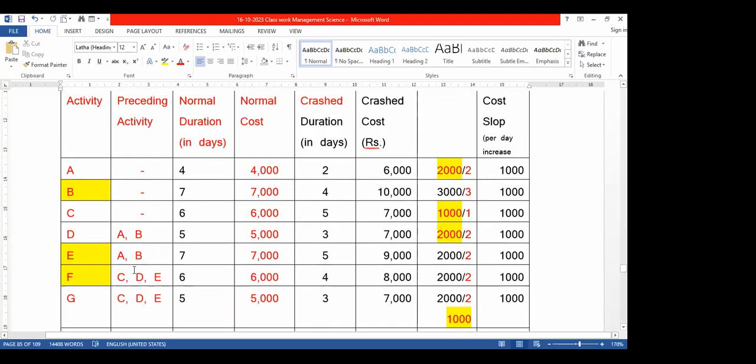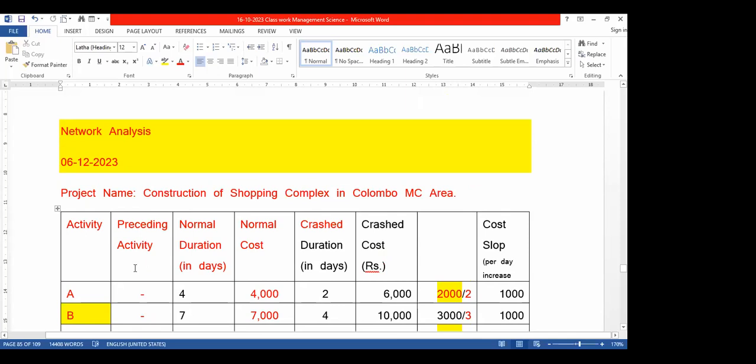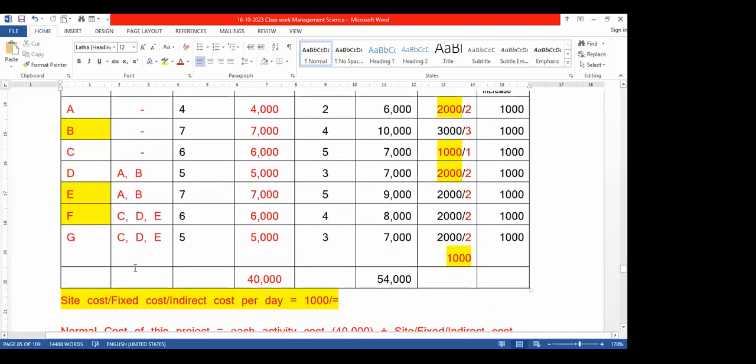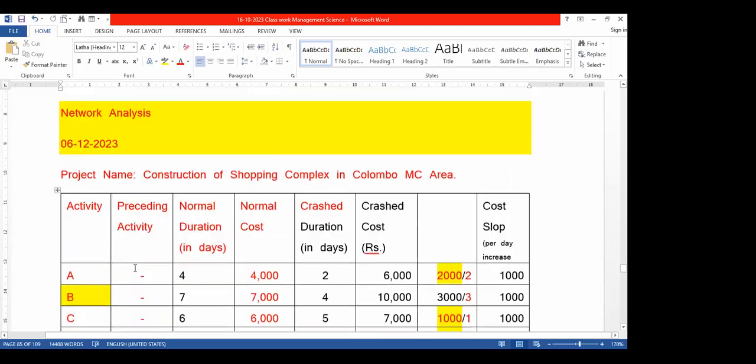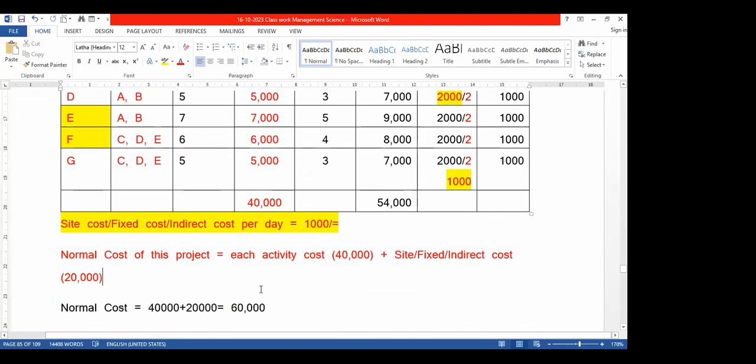So far you have learned, and I'm refreshing what we learned on 6/12/2000 regarding network analysis, right? We know how to draw the network diagram with the normal durations. That is one thing. Then you have to understand what the critical activities of the project are, what the critical path is, and what the normal cost of the project is.